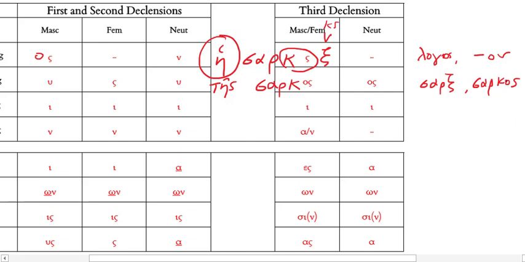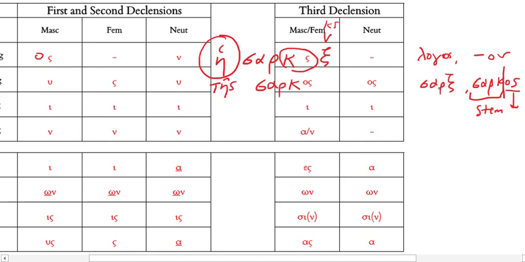So here, you can always find out what the noun stem is by dropping the genitive case ending. Let it go, and what you're always left with is the stem. This is the real stem here. You can't find the stem by looking at the nominative.